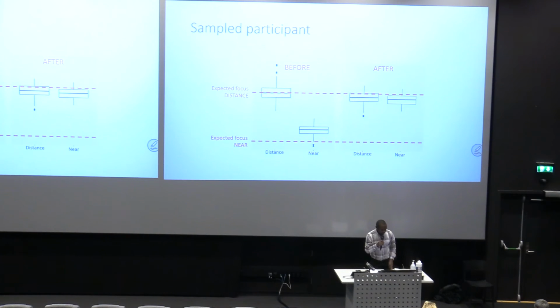The boxes represent how the participant performed. At the lower part on the x-axis, we can see distance, near, distance, and near. We took these measurements before, and then they performed Tower of London, then we took these measurements after. And I must say that this is just one participant.